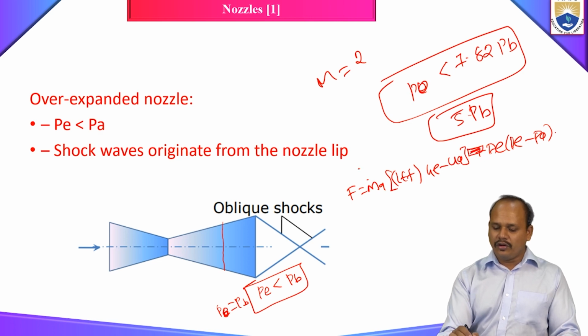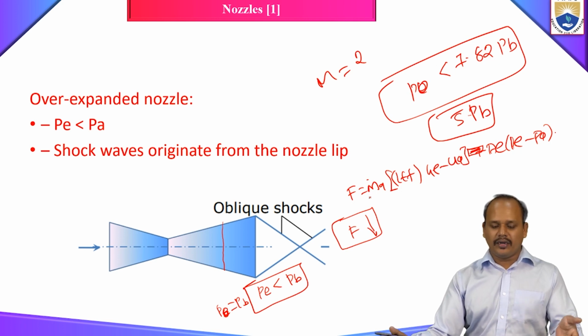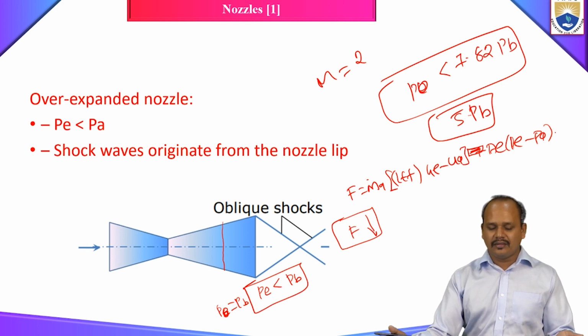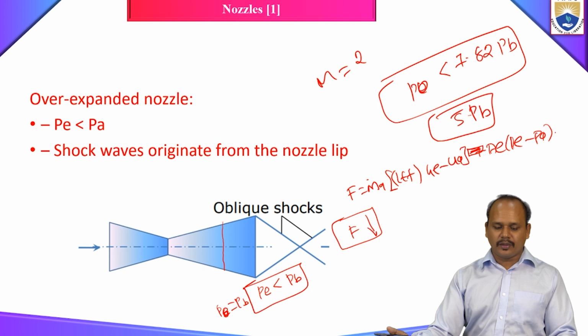Even though you have more expansion at the nozzle exit, because of this negative term, the thrust generated will be less than the thrust produced during your ideal operating condition. Ideal operating condition basically means the design condition. So once again we can't operate our nozzle in the overexpanded case.